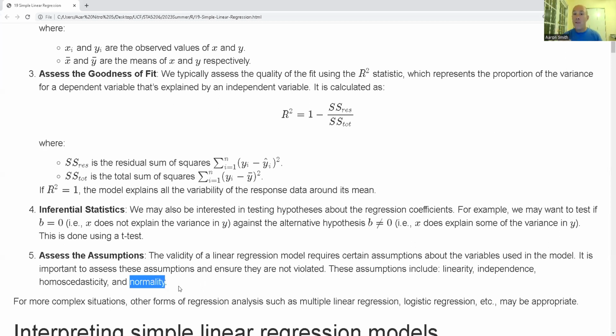Normality we don't need for fitting the model, but I need it for hypothesis testing. If I'm going to be doing hypothesis testing or certain diagnostics, I need normality for my results to be coherent. There are far, far more complicated types of regression that are possible. We'll talk about multiple linear regression, and another type is logistic regression, when our y variable is not numeric.